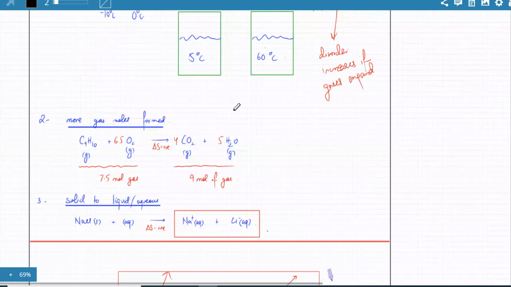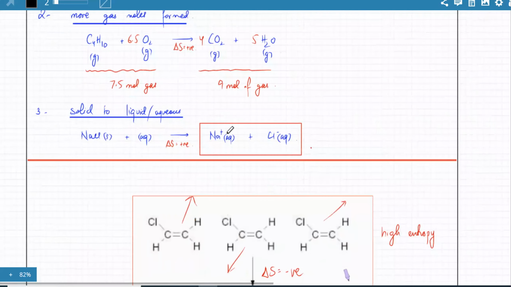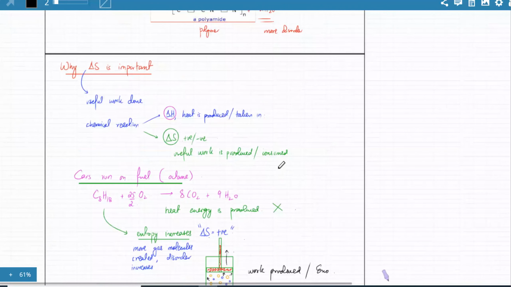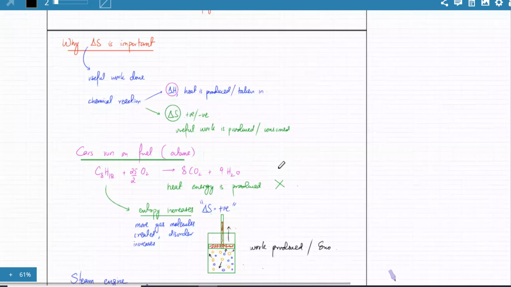Second, we discussed that if the number of moles of gas increase, then there's going to be more disorder. If solid changes to liquid or aqueous, that's also an increase in disorder. So we talked about that, and we also talked about why delta S was important.